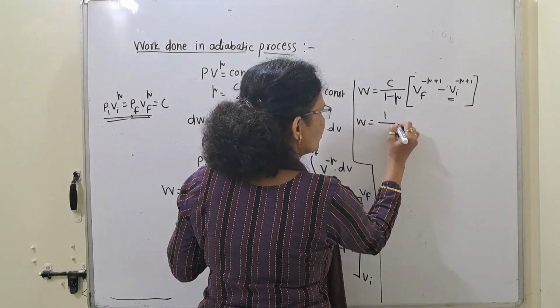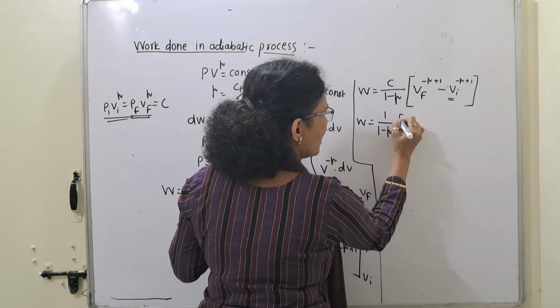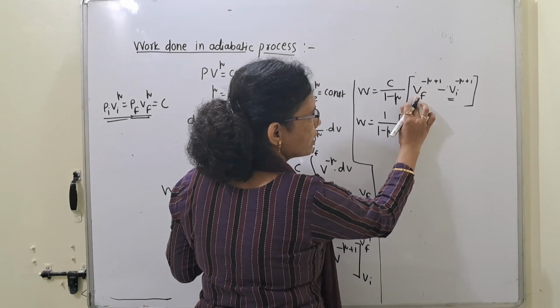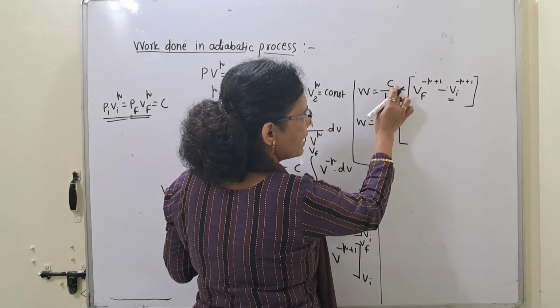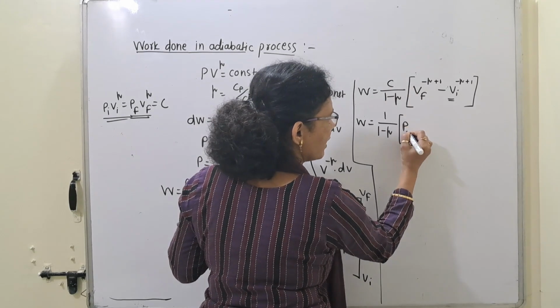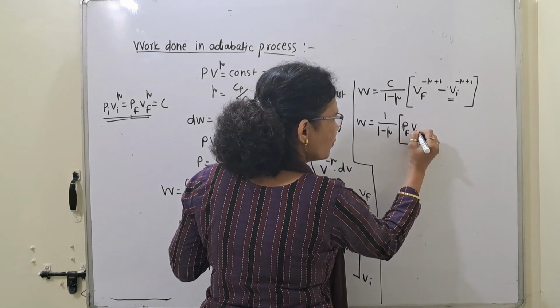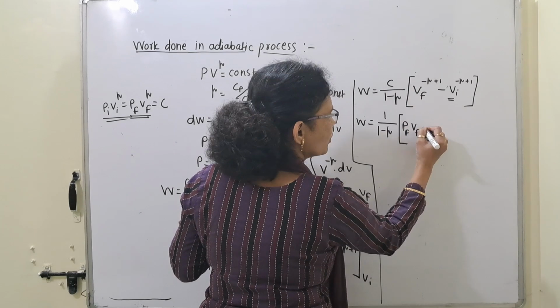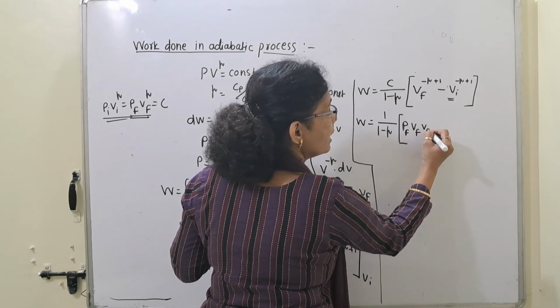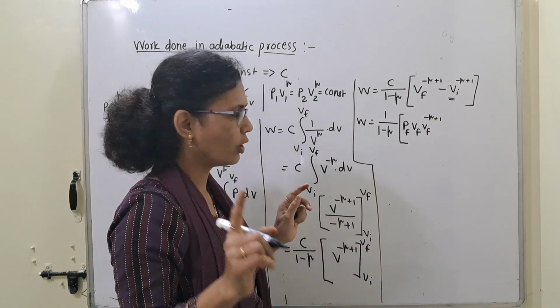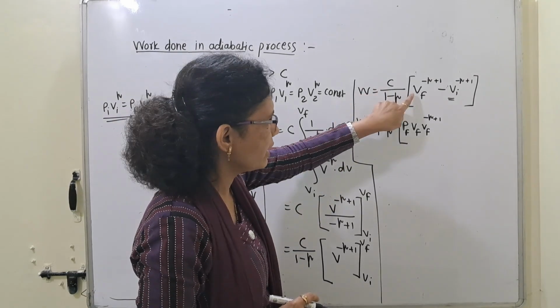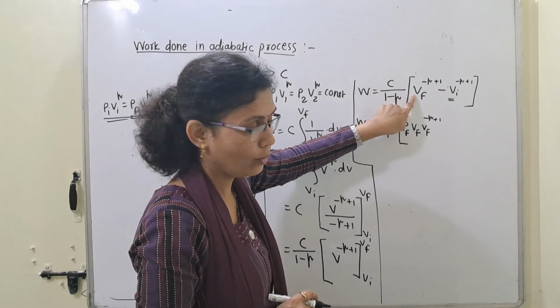W is equal to 1 upon 1 minus gamma. In this, if I multiply this Vf by this C, I am going to multiply by Pf Vf raised to gamma into Vf raised to minus gamma plus 1. See, you got this? I have taken inside the bracket, but how?